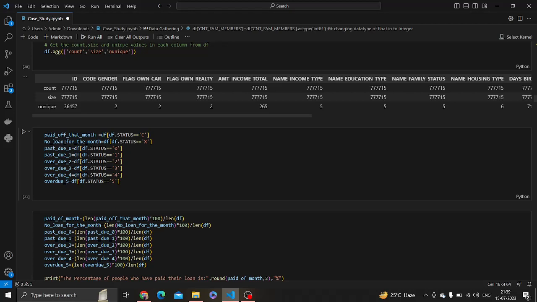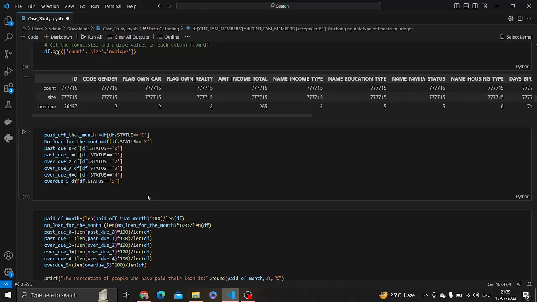Then I'm going to find out who has paid for that month, and no loan for that month. Then who has a past due, past due 0, past due 1, up to 5, who has an overdue. So I'm going to find it out on the basis of status equals to C. Now you might be thinking what is a C and what is a X and what is a 0, 1, 2, 3, 4, 5.